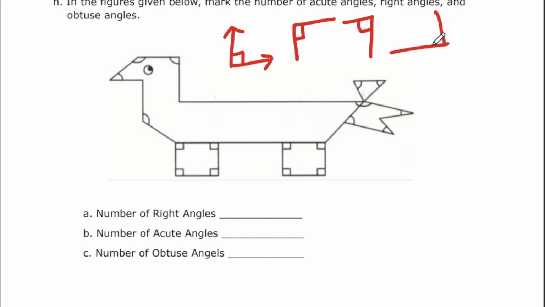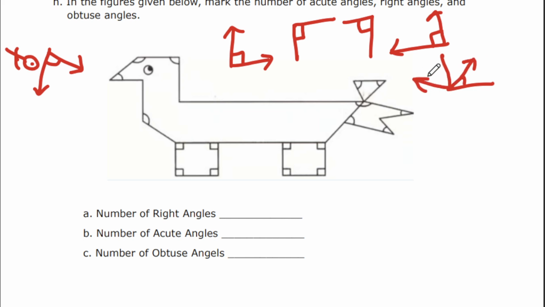This is also an example of a right angle. It always depends how we see the image. If you are watching the image from here, this is a right angle. Acute angles are always less than the right angle, so this is a right angle, this is acute, and obtuse angles are always more than the right angle. Put A for acute, O for obtuse, and R for right angles.